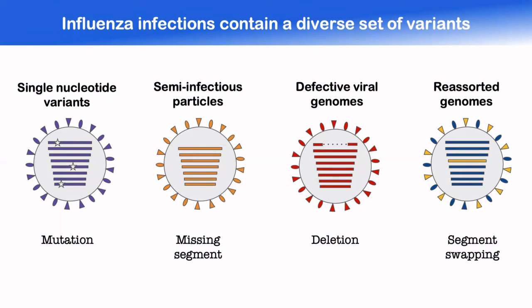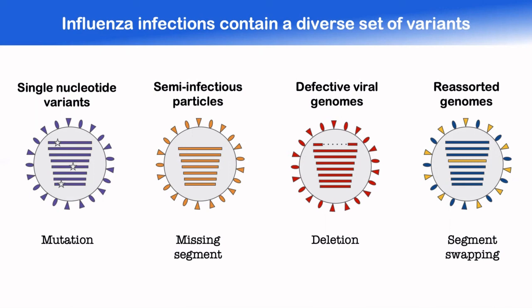That's not an error, it's really part of the life cycle of this virus to create diversity. Another way of creating diversity is by errors, which takes you to the first one. These mutations occur when the RNA polymerase makes errors that are not corrected, and that's also important to increase diversity of the virus population.